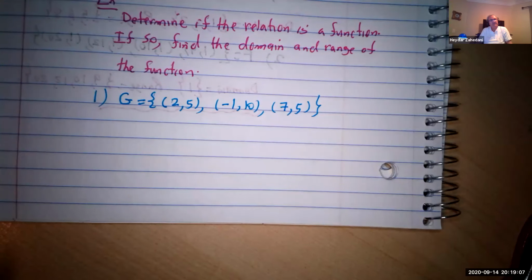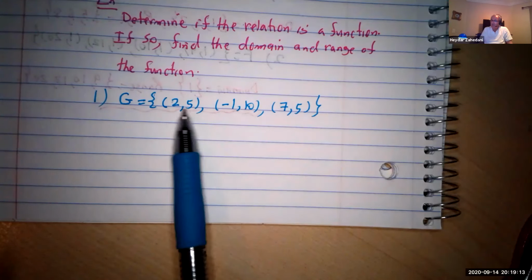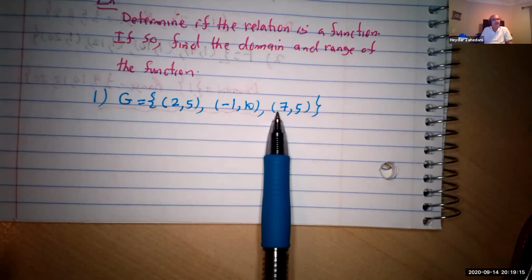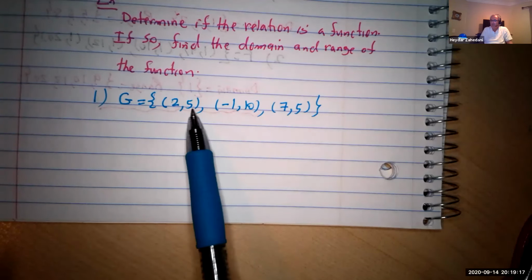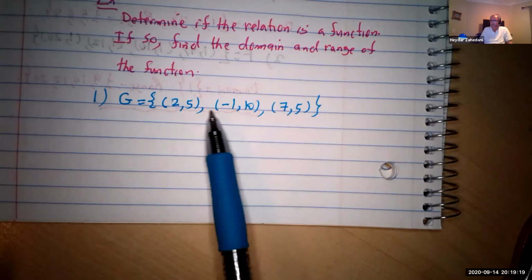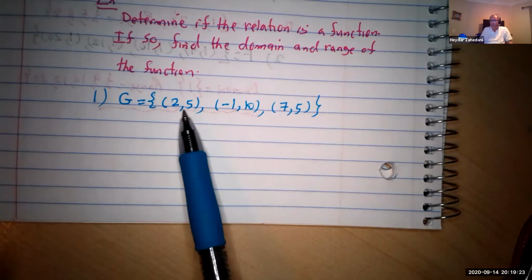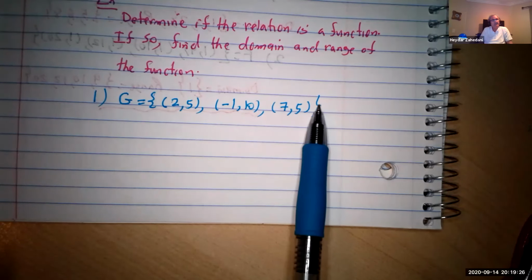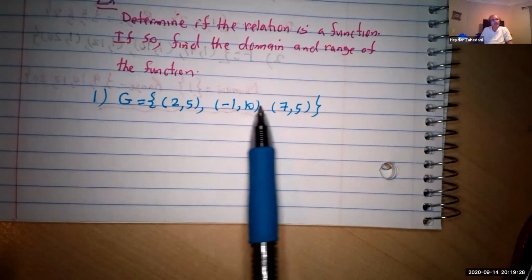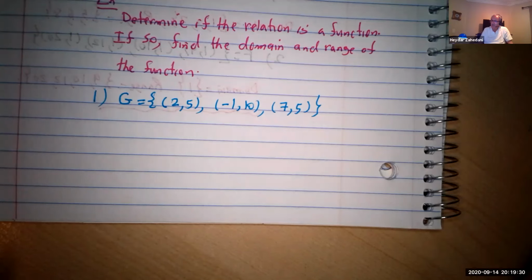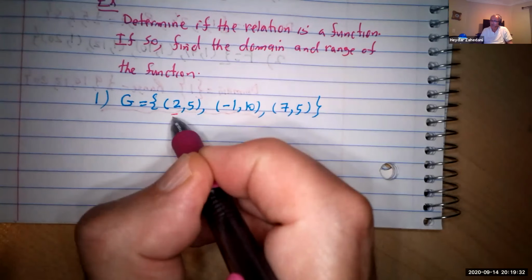Remember, you shouldn't have any sharing for the first component. You look, you see 2, -1, 7. There's no sharing. We don't care about the second one, remember. They can share the second component, but they cannot share the first one. You just have a look, and you see there is no sharing. They are all different.